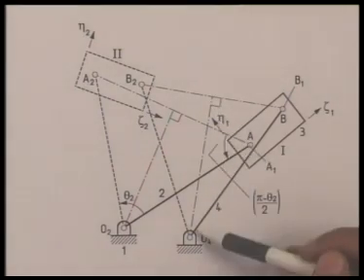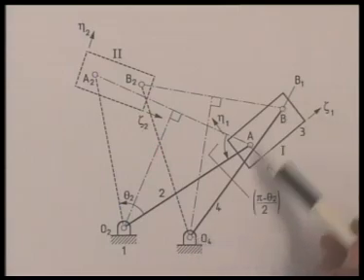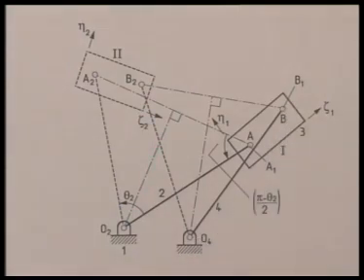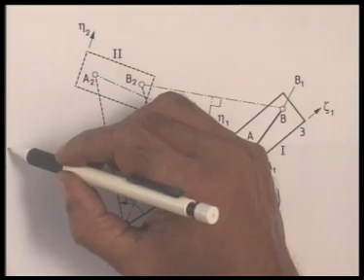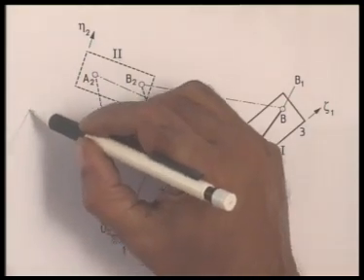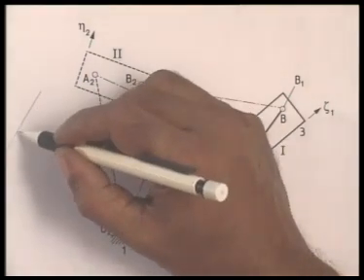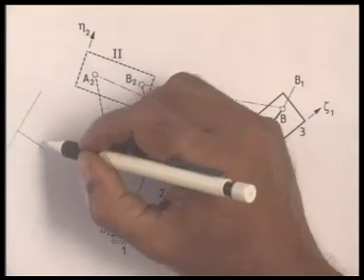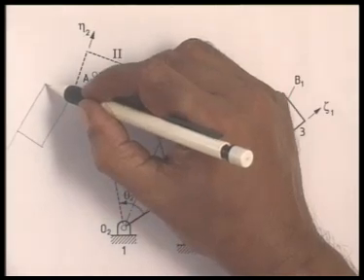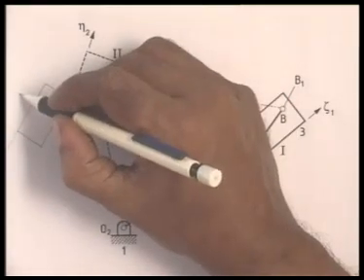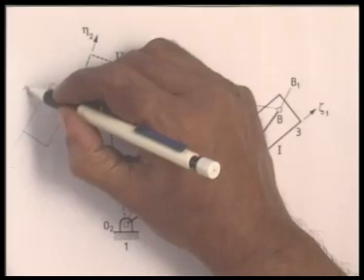O4 can still be taken anywhere because we are not interested in the movement of the output link, namely O4B. Now, if we want to add a third position, we call it 3.